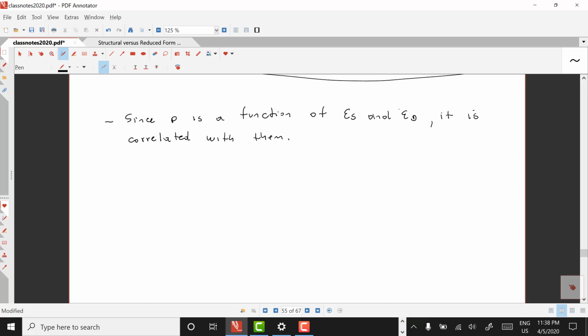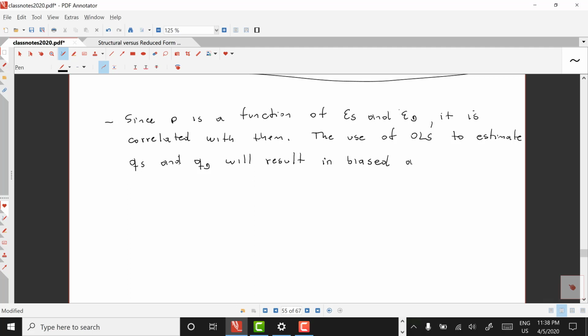So the use of OLS to estimate QS and QD will result in biased and inconsistent parameter estimates due to endogeneity.